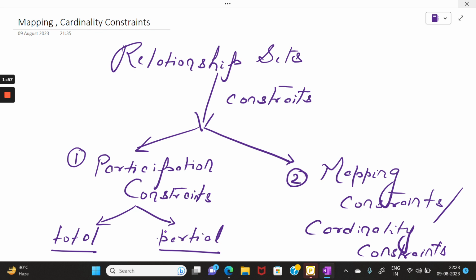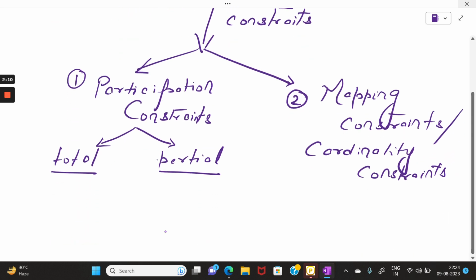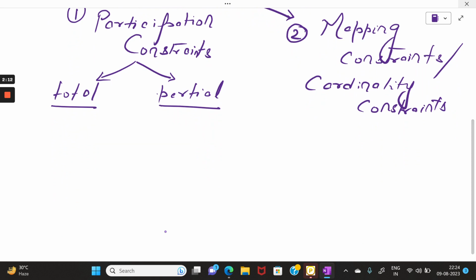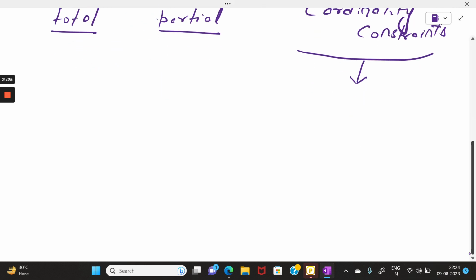Then we have the mapping or cardinality constraint. We have already seen one to one mapping, one to many mapping, many to one mapping, and many to many mapping, and based on that we determine the key for the relationships. So let's have some examples based on that.